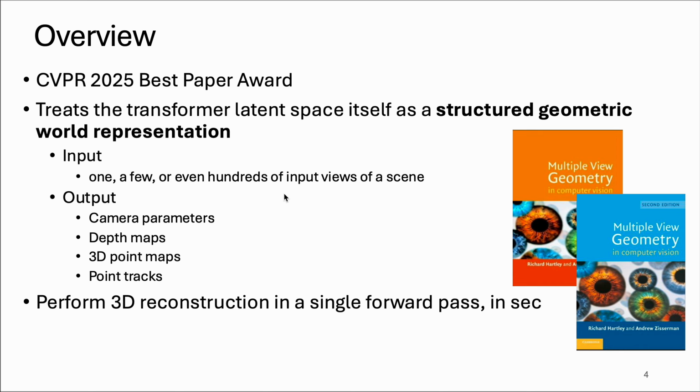The output includes a full stack of everything people ever need to know about a scene, like camera parameters, depth map, 3D point cloud, and point tracks. This point track is what we mentioned, tracking the corresponding point throughout the image sequence.